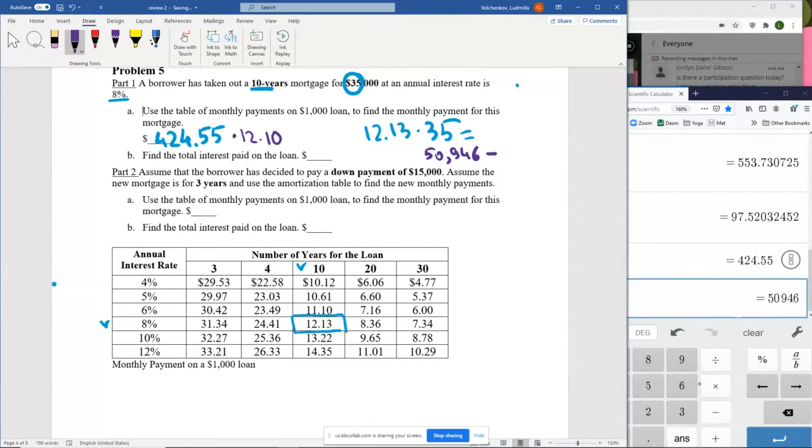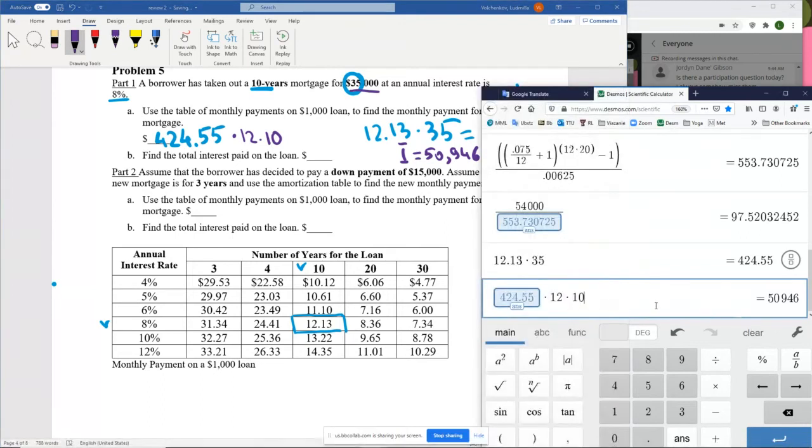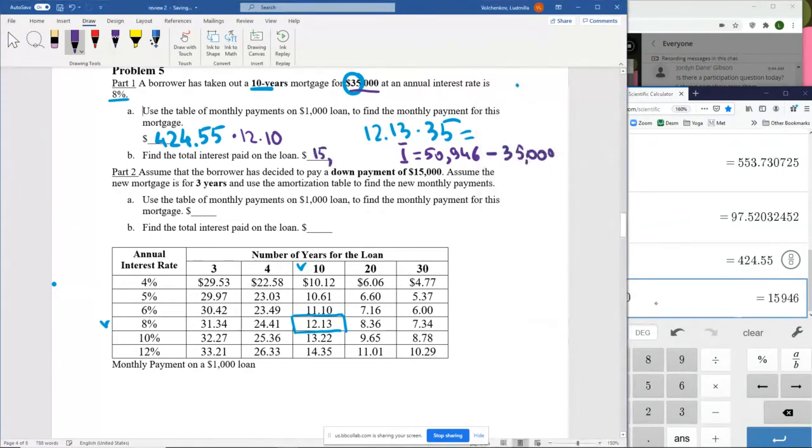So instead of 35,000. If you subtract 35,000, then you will get the interest, what you will pay for interest. So 50,946 minus 35,000. The total interest paid will be 15,946.